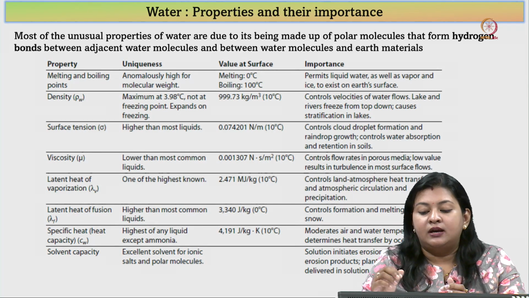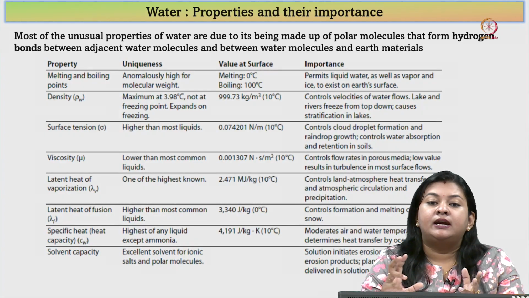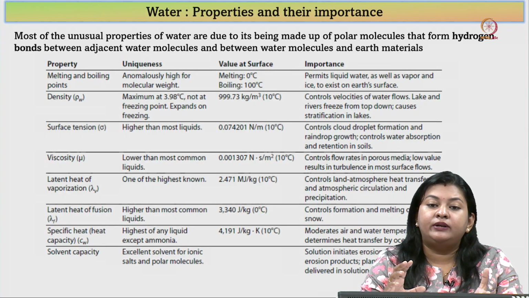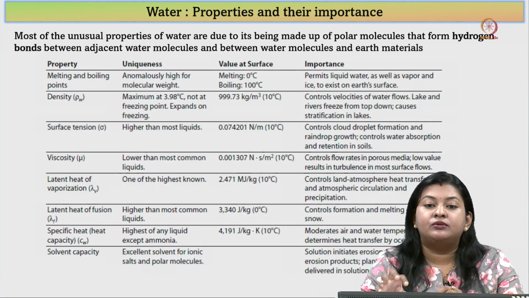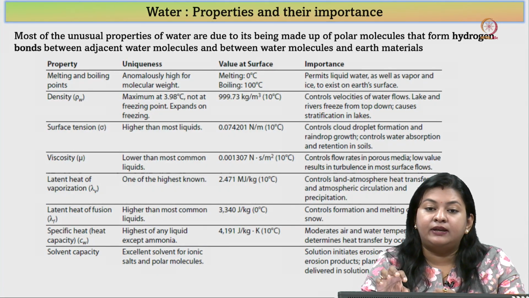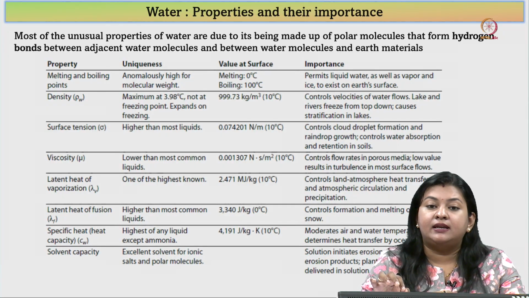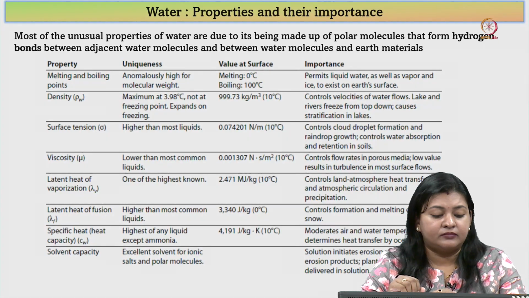So, from the atmosphere it goes to the precipitation form and all that. This kind of control is very useful due to the high latent heat of vaporization of water.